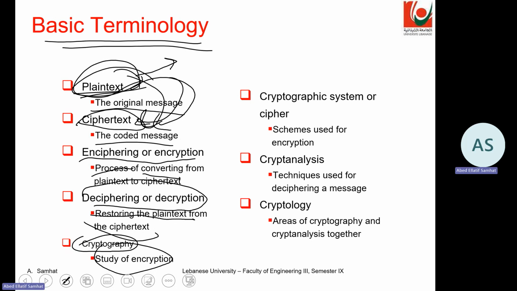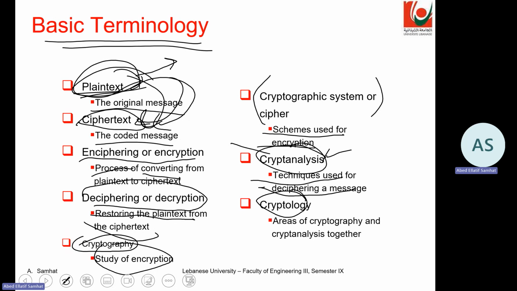Another well-known definition, which is the cryptographic system, which is the different schemes used for encryption. We can find also two terms, which are cryptanalysis and cryptology. Cryptanalysis are the technique used to decipher a message. So when we want to try to decipher a message, okay, we call them cryptanalysis.